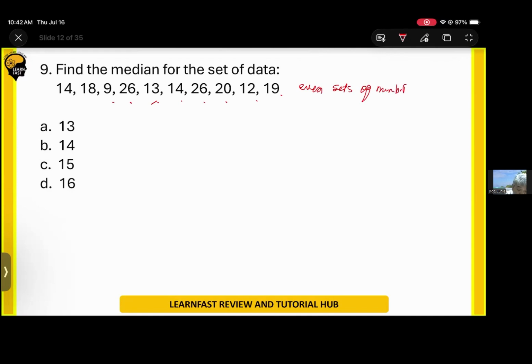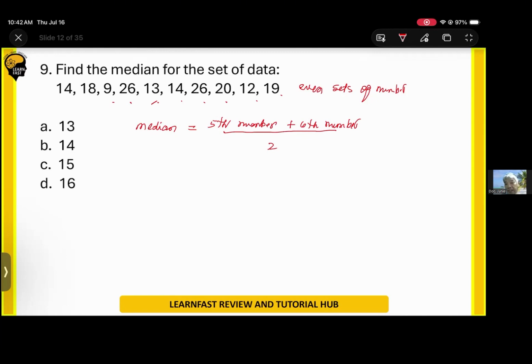So the rule to find the median is: it is equal to the fifth number plus the sixth number, divided by 2. Okay, that is the median for this set of data.